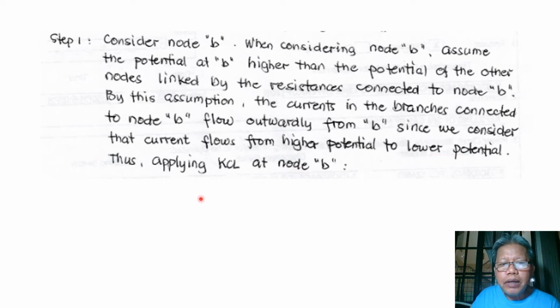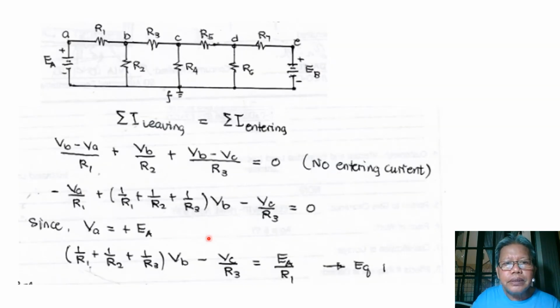Thus, applying Kirchhoff's current law at node B, we have this.